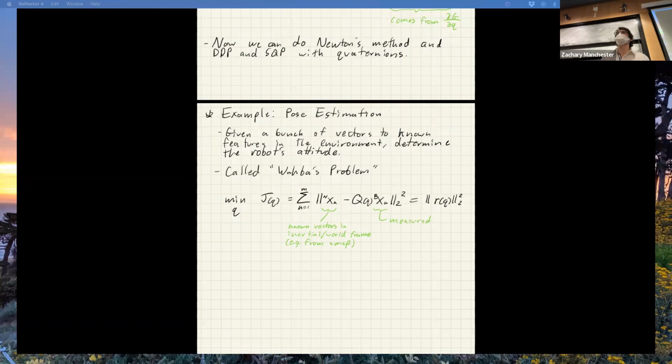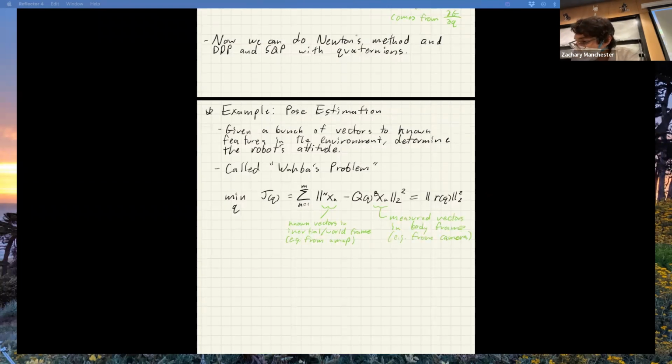And when I say these are all unit vectors, by the way, right? They're directions to features, e.g. from a camera. And then, yeah, this thing is the residual, right?